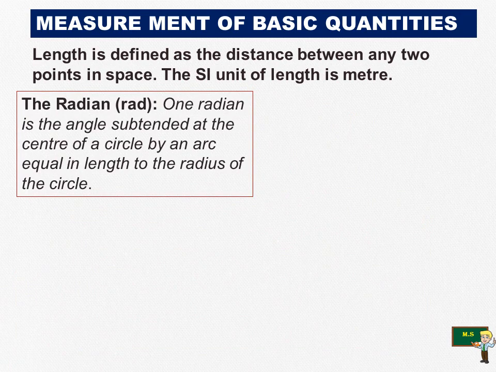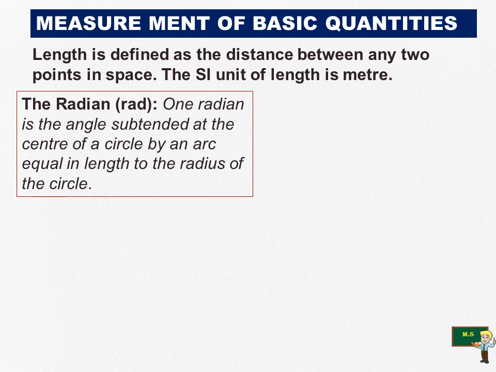Let me tell why the radian is used here. 1 radian is the angle subtended at the center of a circle by an arc equal in length to the radius of the circle.